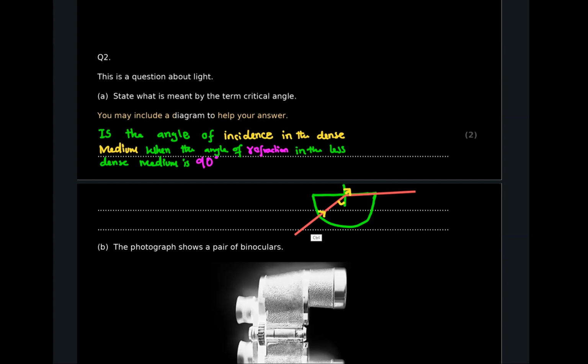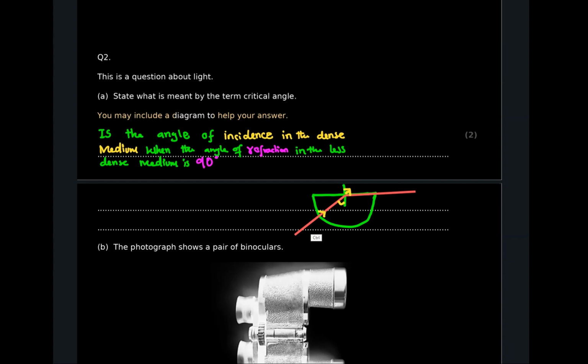It goes straight into the glass without being refracted, and it hits where we have the normal at the central point. Then the ray is going to move along the flat surface such that it forms 90 degrees.